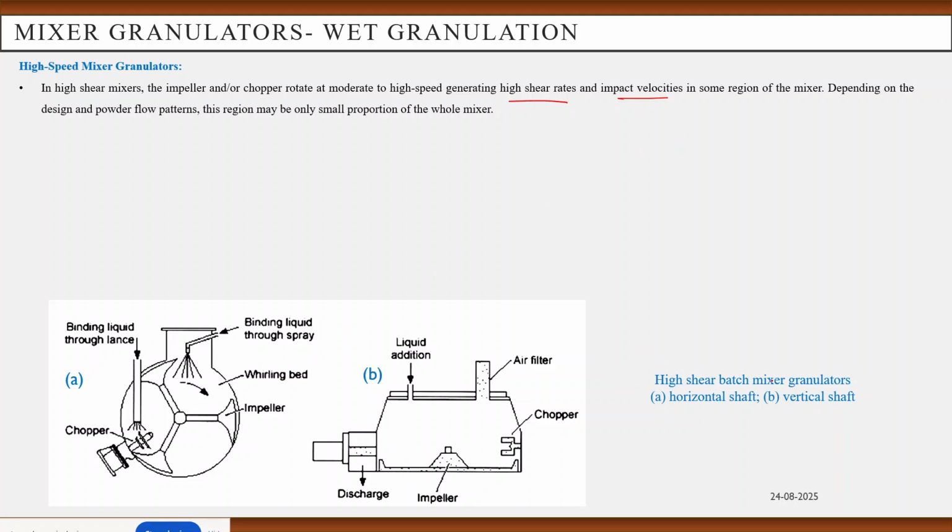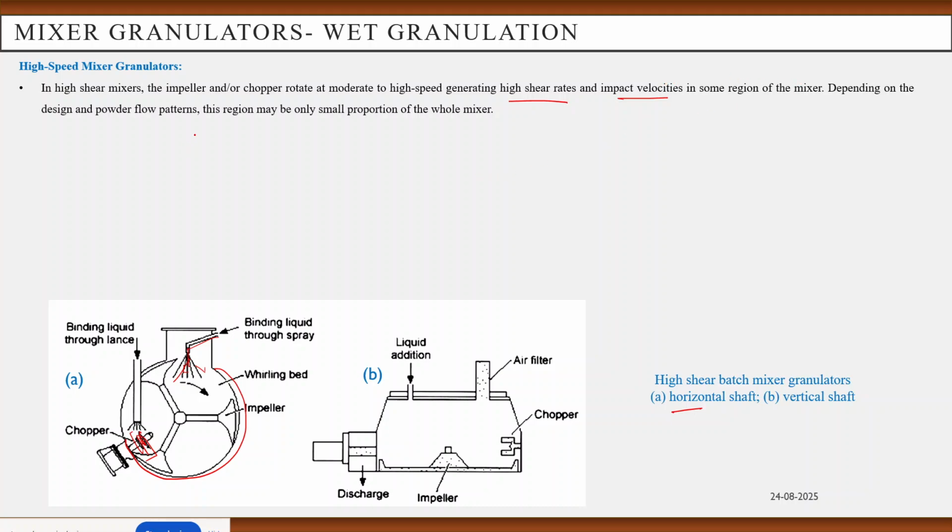So here we can see this is the horizontal shaft and this one is the vertical shaft. This one is the impeller, and this one rotates like this, and the binding liquid is spread, and there is one chopper.